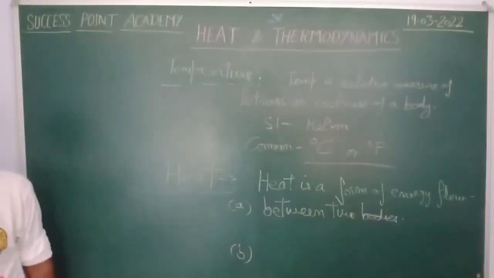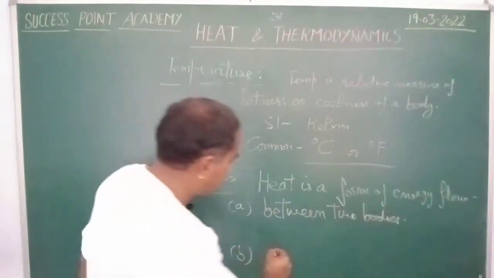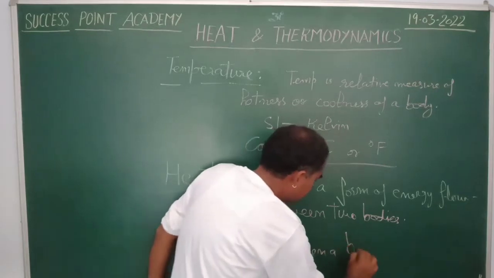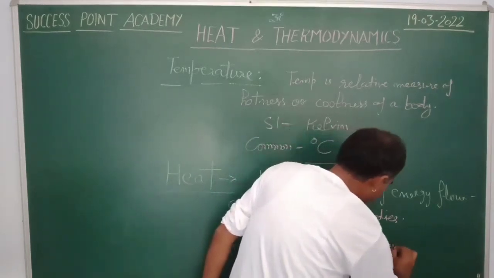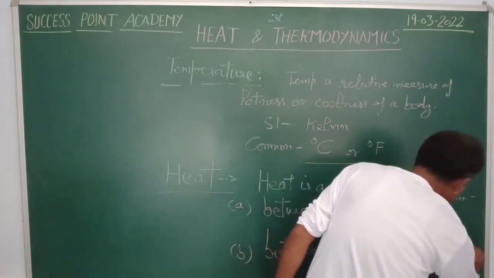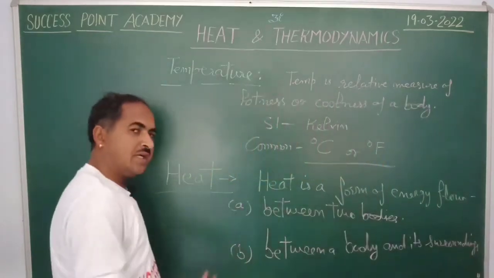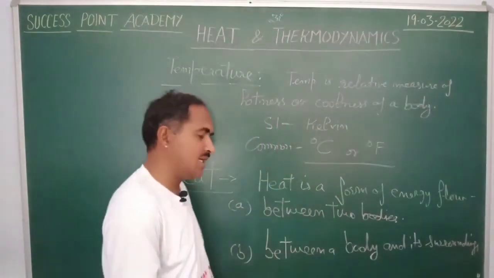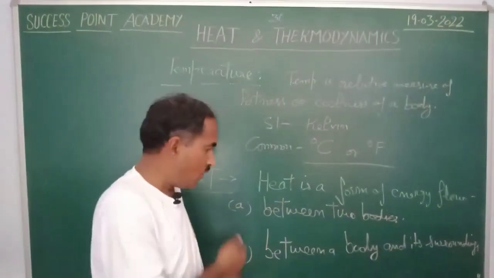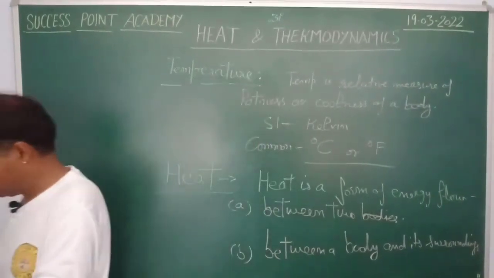And the second thing is between a body and its surroundings. This is how we discuss heat. Heat is a form of energy which flows between two bodies or which flows between a body and its surroundings. Okay.